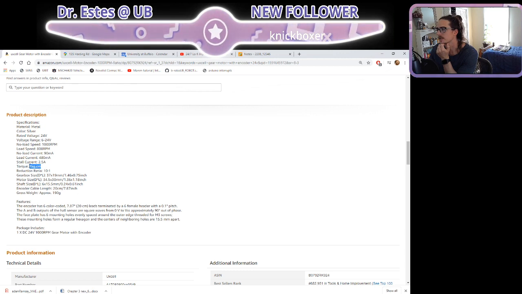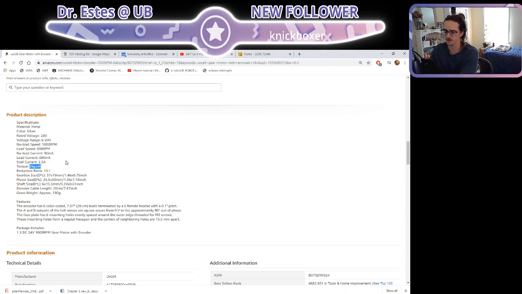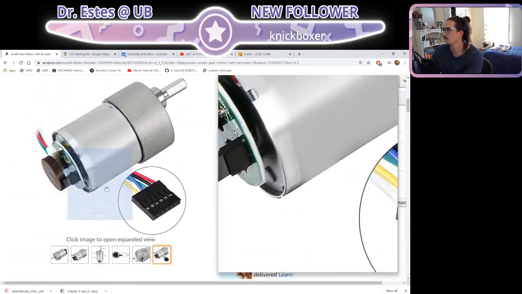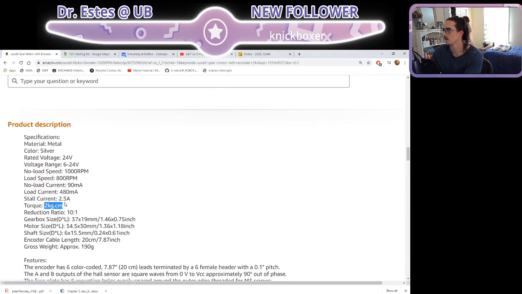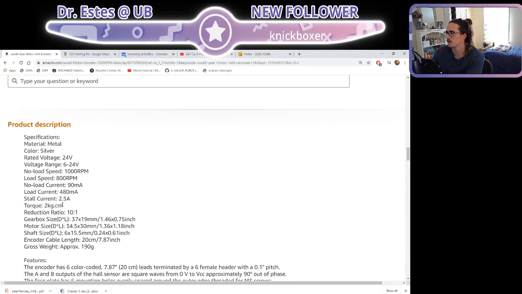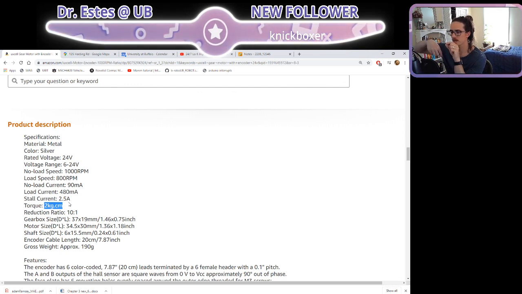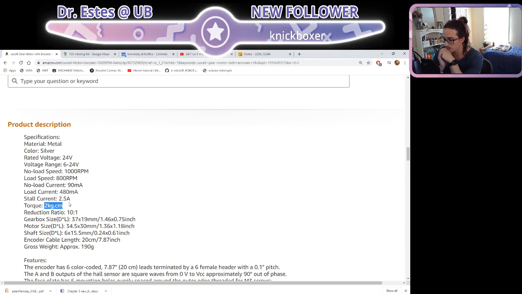I think what this is saying, this 2 kilograms times centimeter, is that if you take the motor and hang 2 kilograms off of it with a 1 centimeter moment arm, it has enough torque to hold that up.